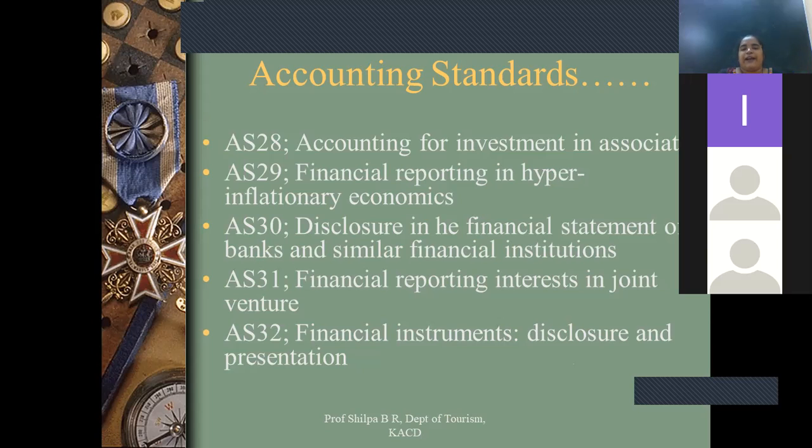Then next is financial instruments, disclosure and presentation. Now financial instruments may be stock, bonds, shares, units in mutual fund companies. So you are taking a loan from, say, a mutual fund company, from a debenture. So you are taking money from the market by using these debentures or bonds or stocks.